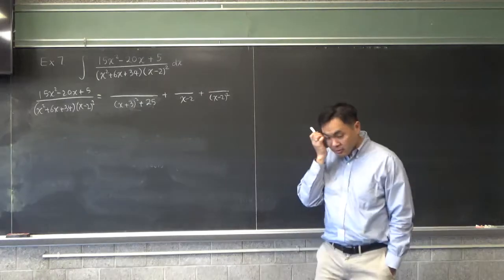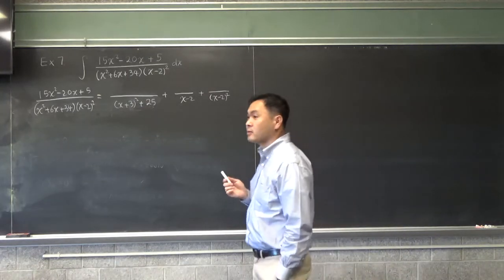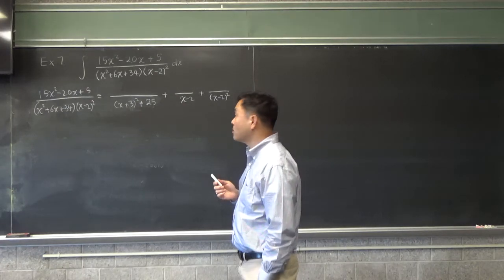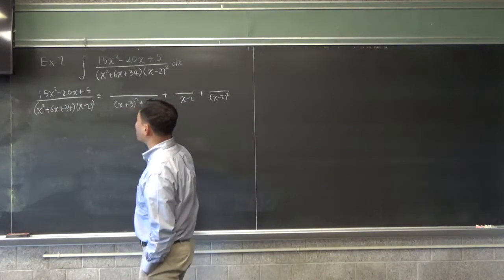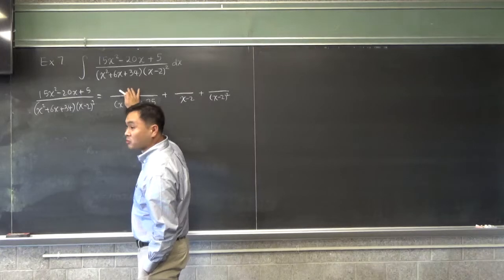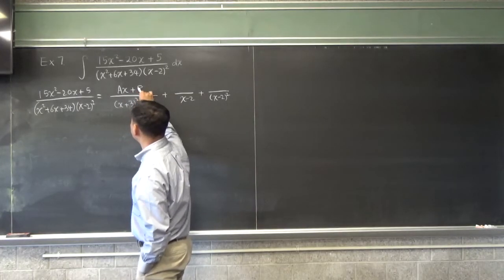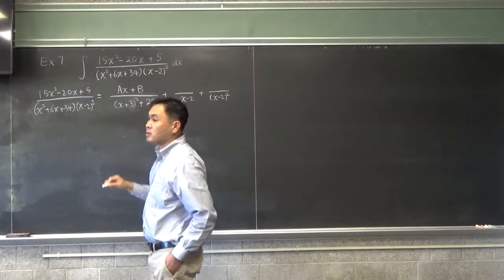You could keep the first one together though and do the Ax plus B, right? Yeah, this one is a quadratic, so the numerator must be Ax plus B. But you could just keep it together instead of completing the square.